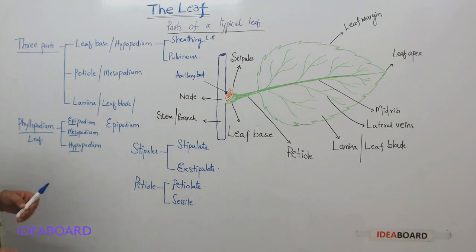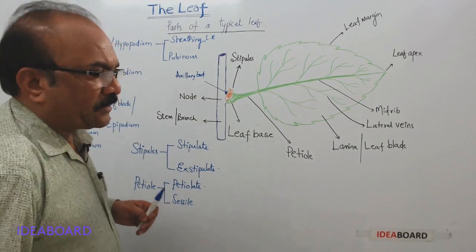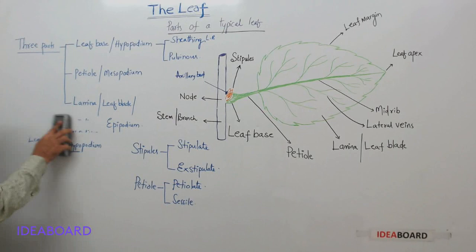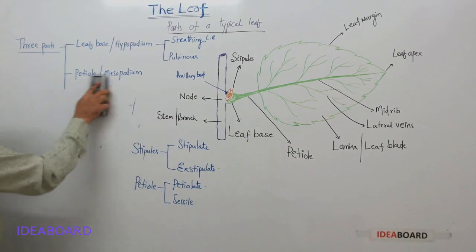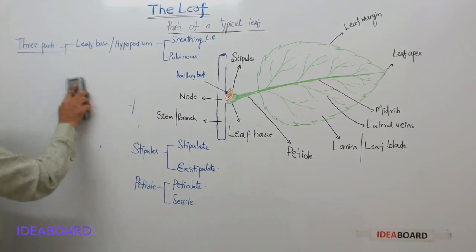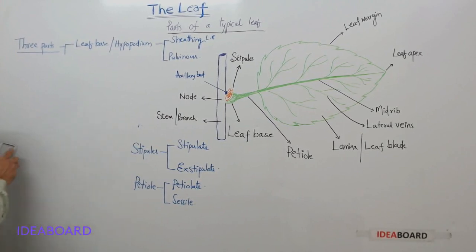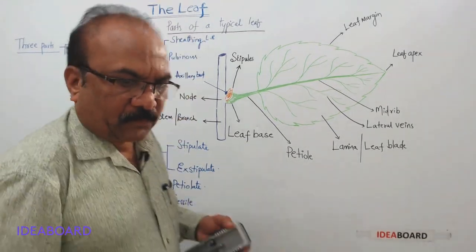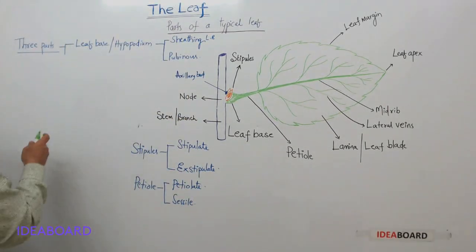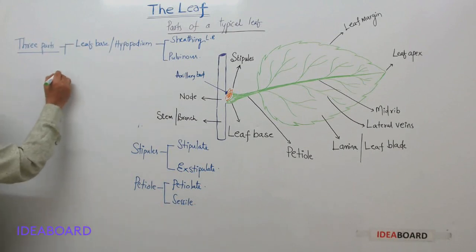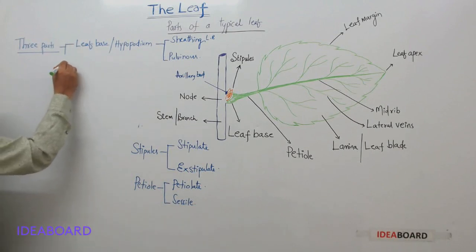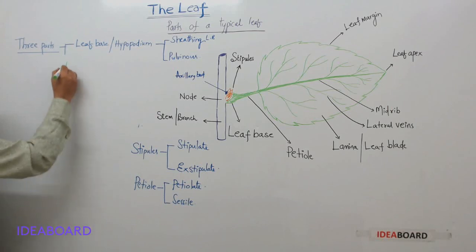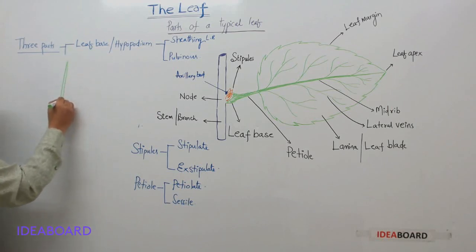And the example for the sheathing leaf base is what? The grass leaves. I hope you might have observed the leaf of the grass, which are linear leaves like this.